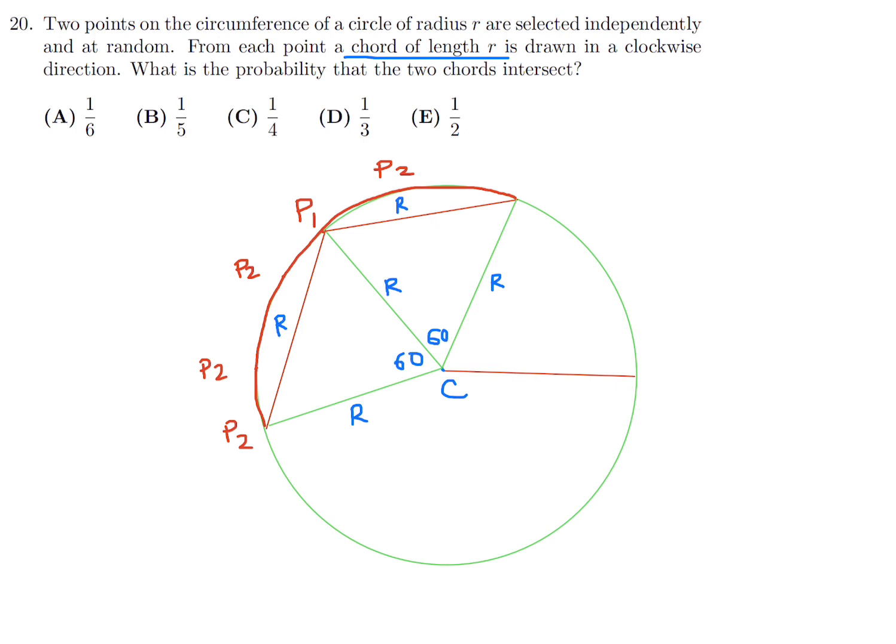So that means this segment of the circumference is 120 degrees. 120 divided by 360 of the circumference, which is basically 1/3. As long as you're within that 1/3 of the circumference, you will be able to produce two chords that intersect. And that's it. That's the answer. So number 20, the answer is D.